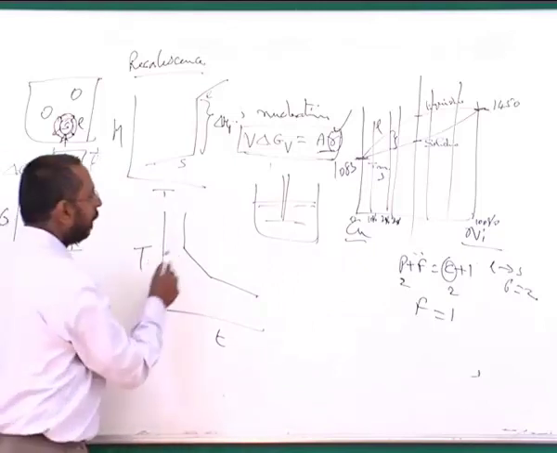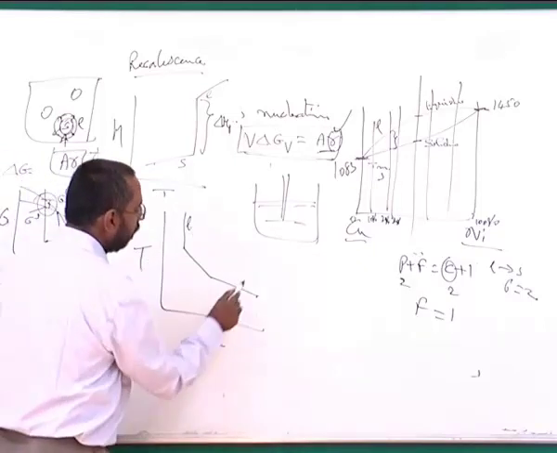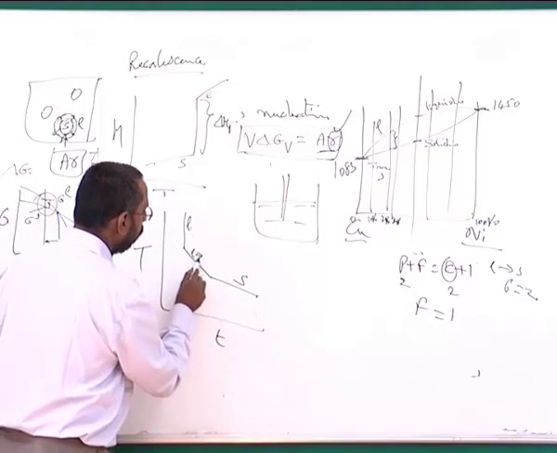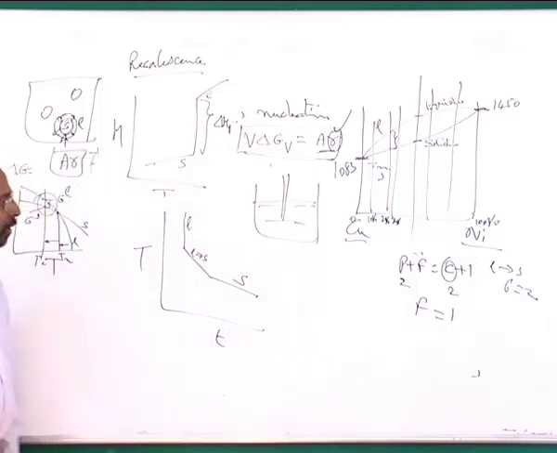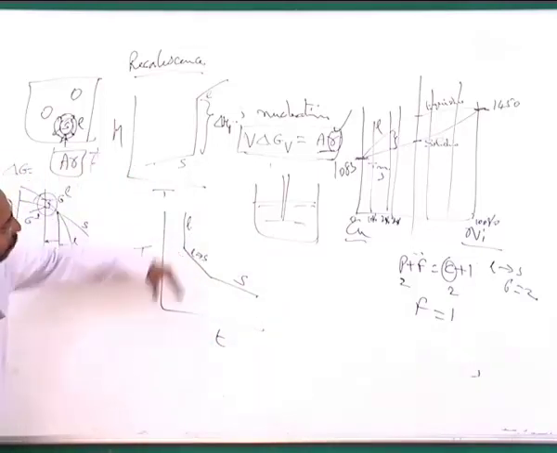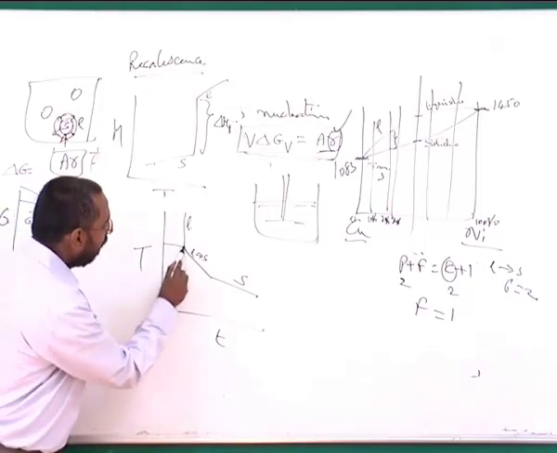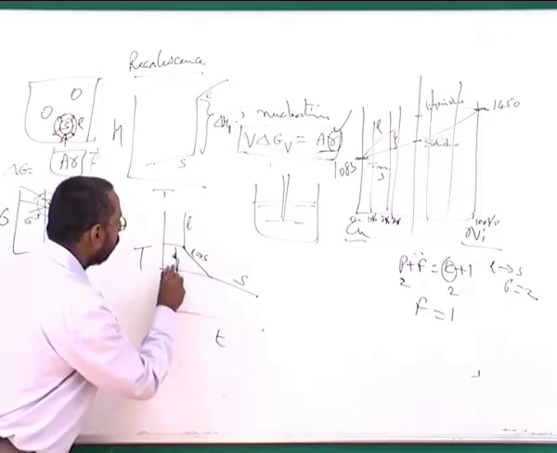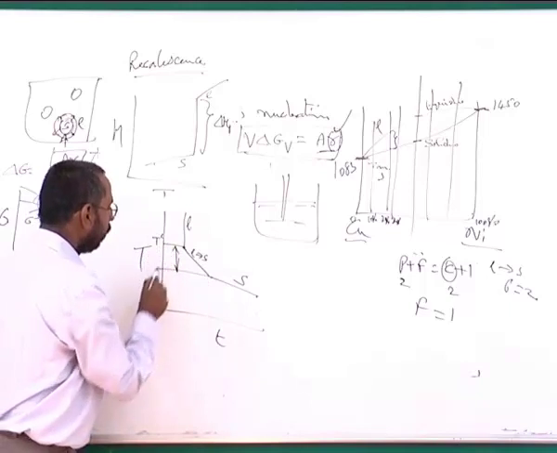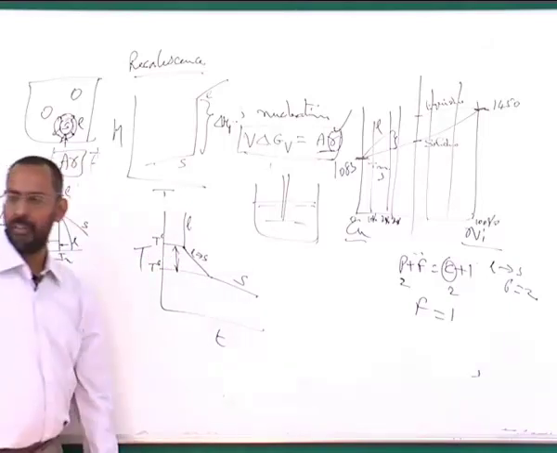A curve where this is liquid, this is solid, and this is liquid going to solid. So you only see a change in the slope at this point, and this happens over a range of temperature. This is what we call the liquidus. This is what we call the solidus.